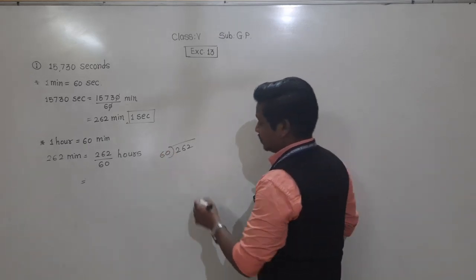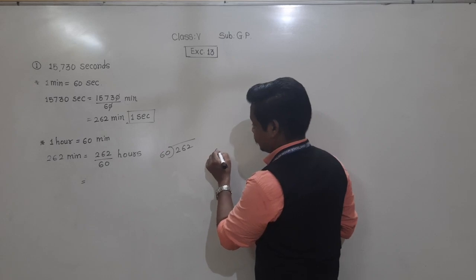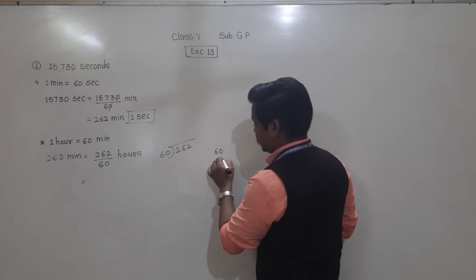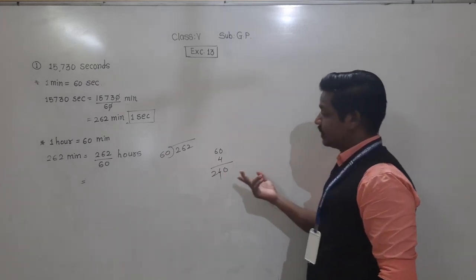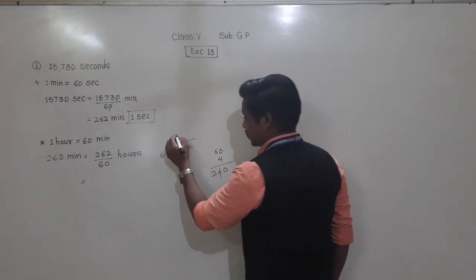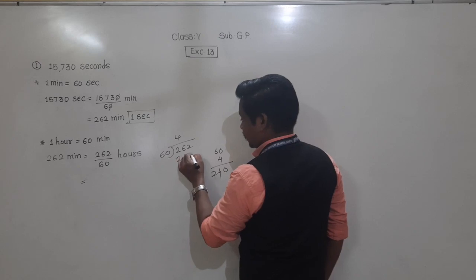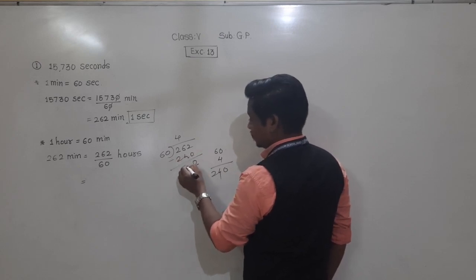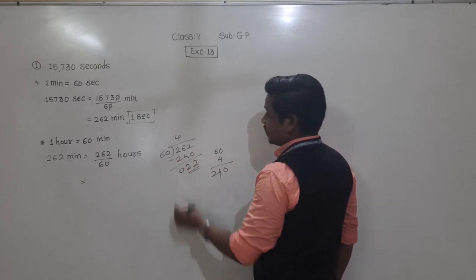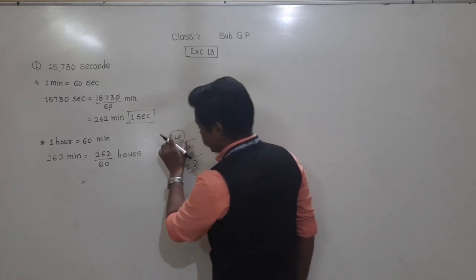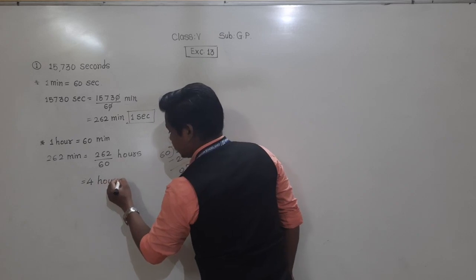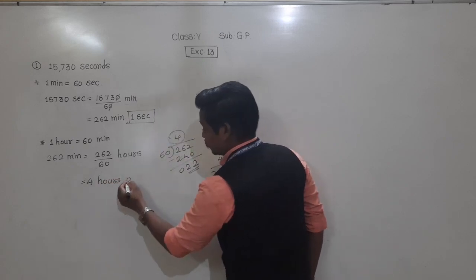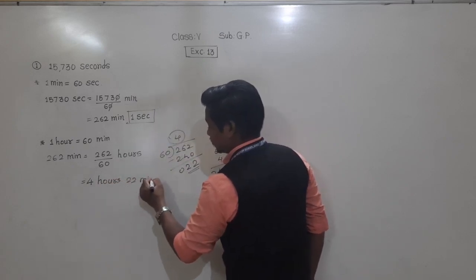Six 4s are 24, so 240. And six 5s are 30, so 300. So 4s are 240. Let's see what remains. 22. So 4 is the quotient, so 4 quotient is here hours. 4 hours, and whatever remains, 22, they are minutes.